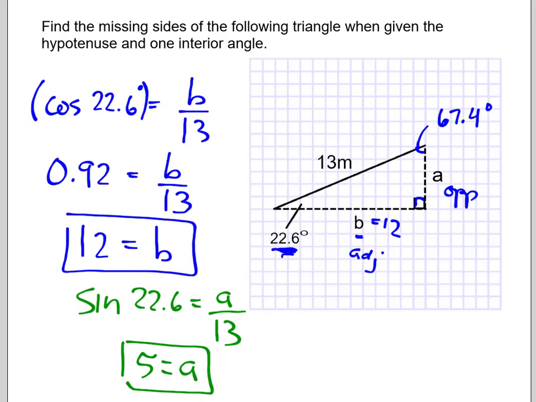Okay, that's a quick recap. So reminder, this angle is where I'm starting, this is adjacent, this is opposite. If this 67.4 is the angle I'm working with, then this turns into opposite, this turns into adjacent. The hypotenuse never changes location, it's always across from the 90-degree angle. Okay, that's all you really need.